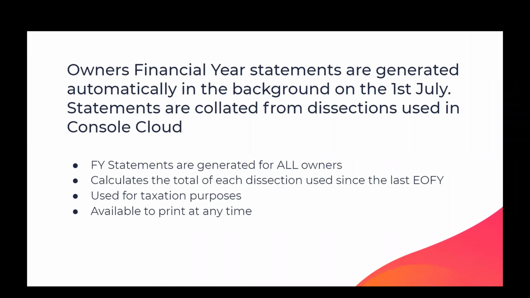However, you can also produce them now if they are inactive and you want to go ahead and send off a statement for them now. There's no more financials happening for that particular owner, so you can send it at this stage, and we'll show you how to do that too. It also calculates the total of each dissection used since the last financial year, it's used for taxation purposes, and of course they're available to print at any time.